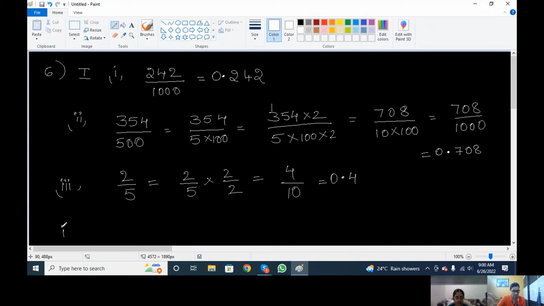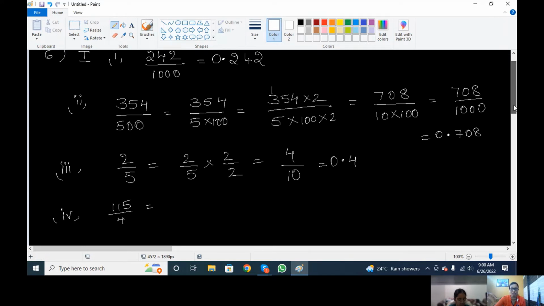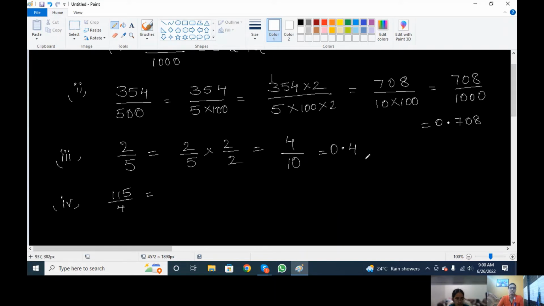Okay. Next, fourth bit, 115 over 4. See, in my concept video, I already explained that whenever our denominator contains 2, 5 or both 2 and 5, we can write them into terminating decimals. So 115 by 4. 4 can be written as 2 square, yes.